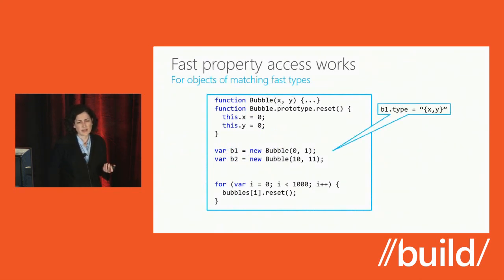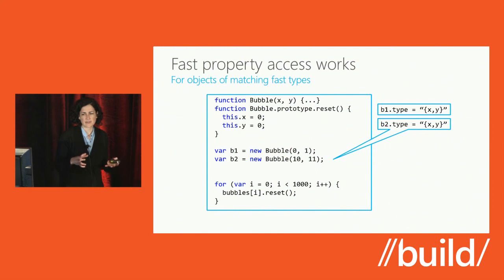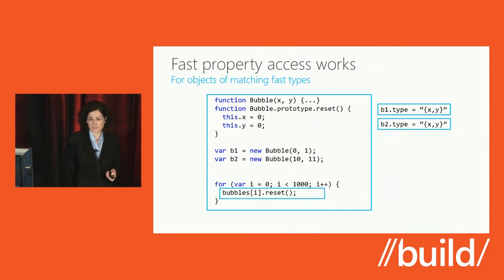All right. So what we're doing in this case is we're looking up the two bubbles. We added them to an array, and now we're iterating over the array. Both of the objects have the same type internally. At first access, we look up the property, and we cache the inline cache.